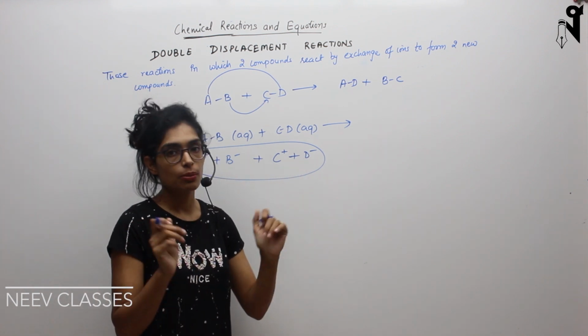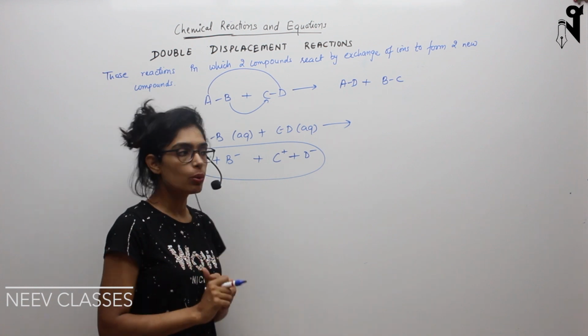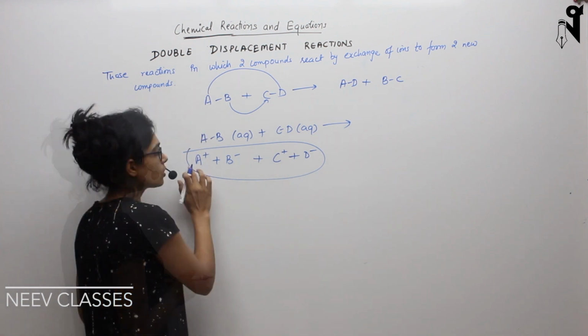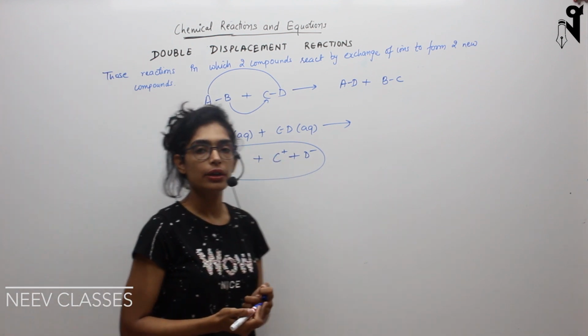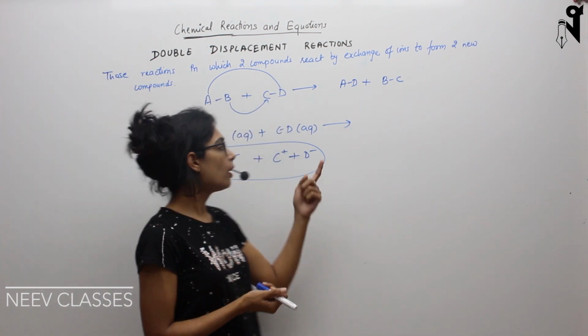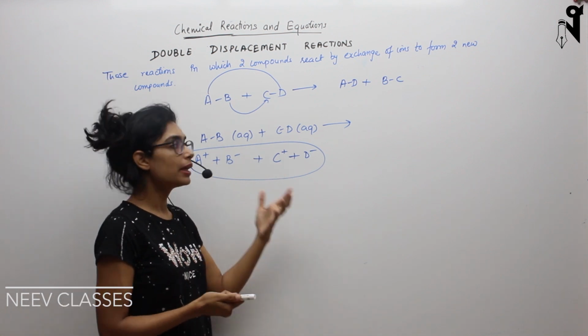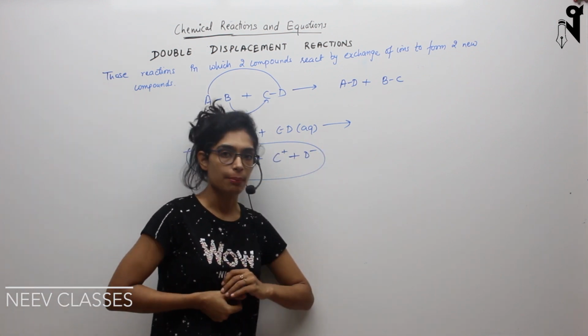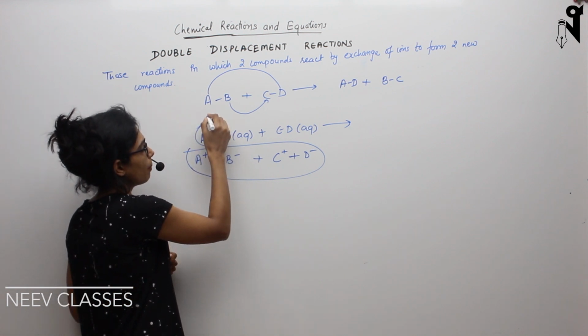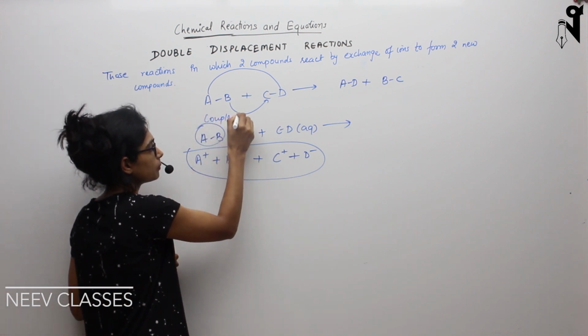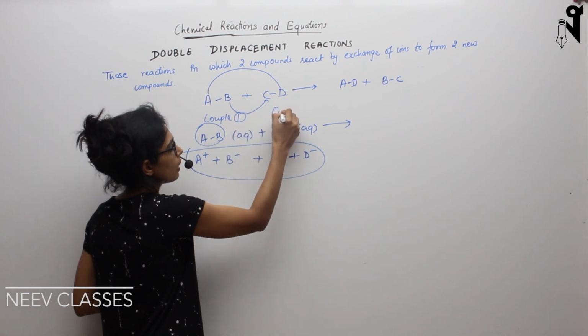Now what happens? Now when you have understood this, let me explain the rest of the reaction through another example. Assume this AB was a pair or couple 1, and CD was couple 2.